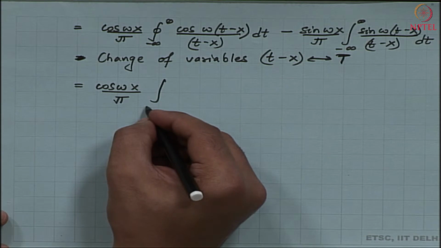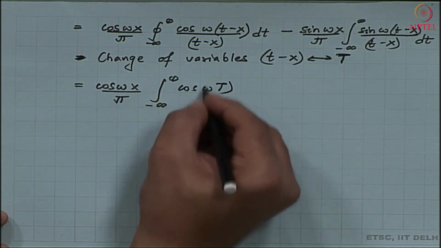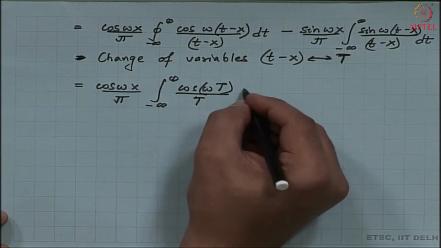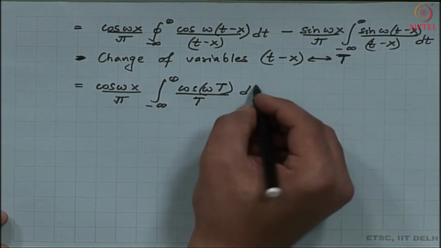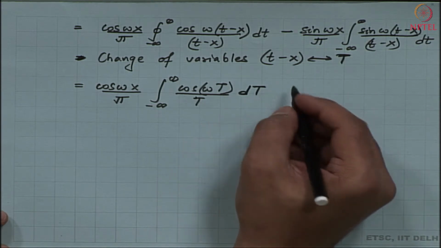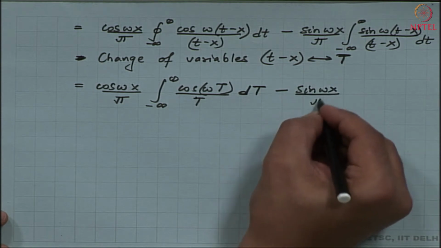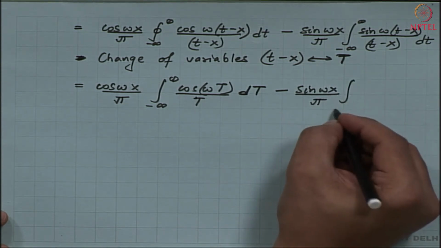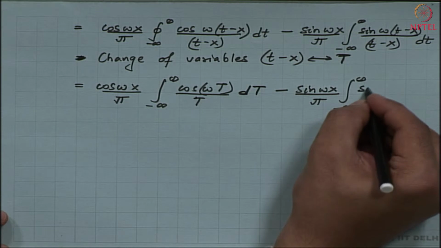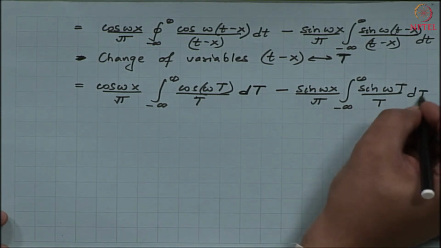So, this becomes the integral from negative infinity to infinity of cos omega T by T dT, minus sin omega x divided by pi times the integral from negative infinity to infinity of sin omega T by T dT.